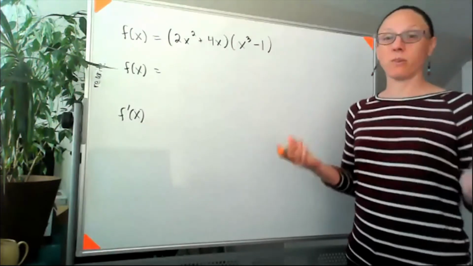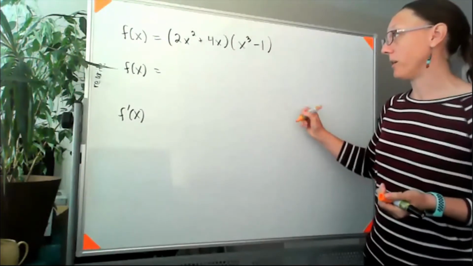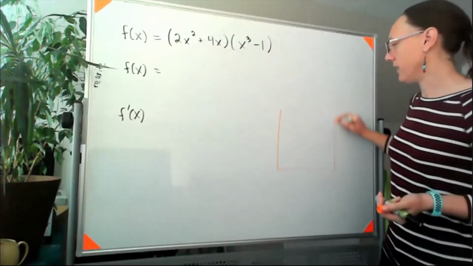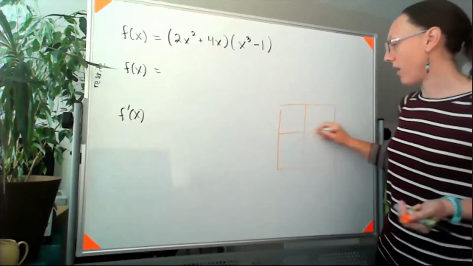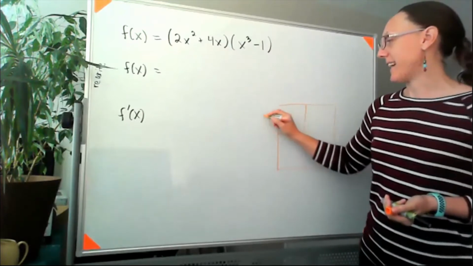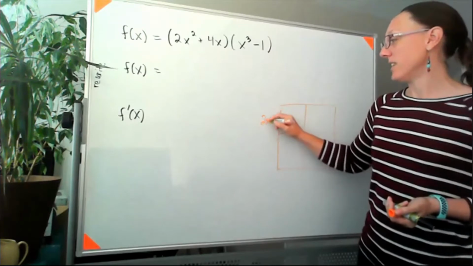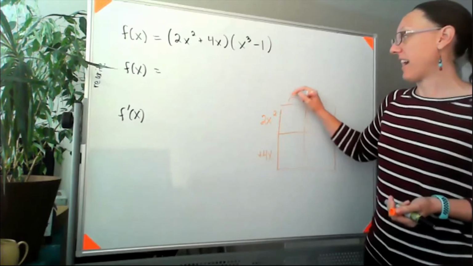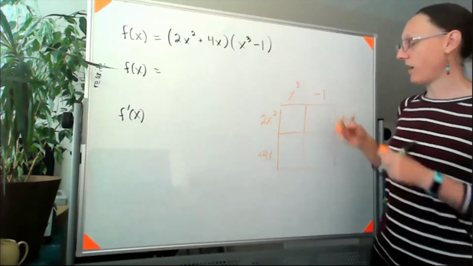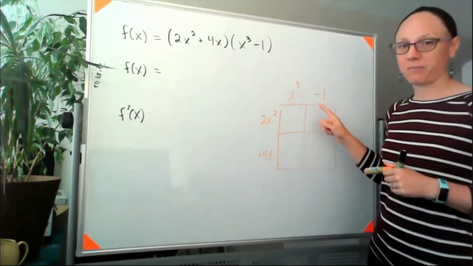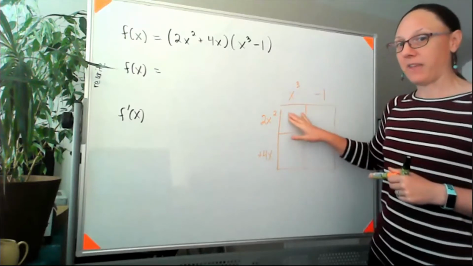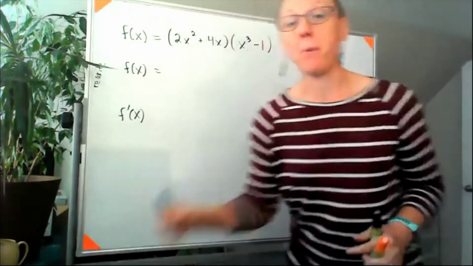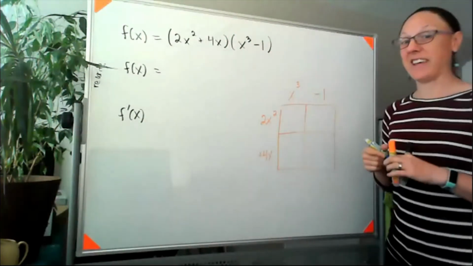So just to recap, if I want to multiply these two, one option, and you don't have to do this, is to write each of the pieces, the 2x squared plus 4x and the x cubed minus 1, out into a grid, and each square in that grid I get by multiplying the lengths on the edges.